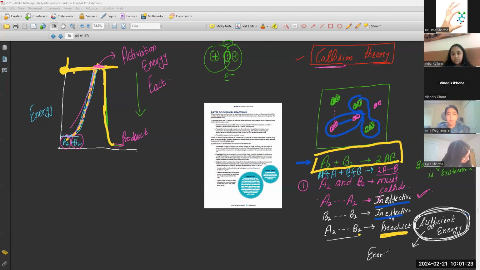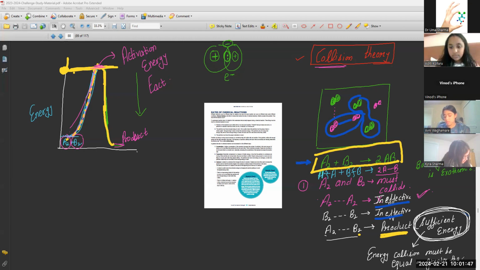They are colliding, right? When they are colliding, energy is generated. You know, collisions. When something collides with another thing, energies are transferred. So energy of collision must be equal or greater than activation energy.